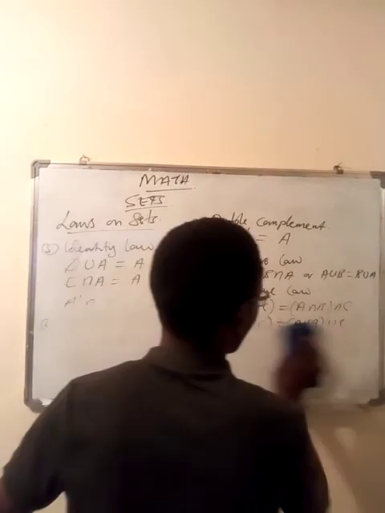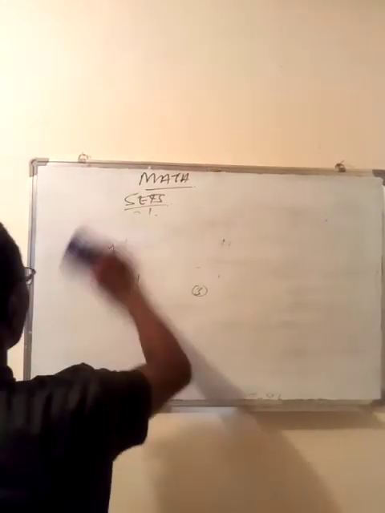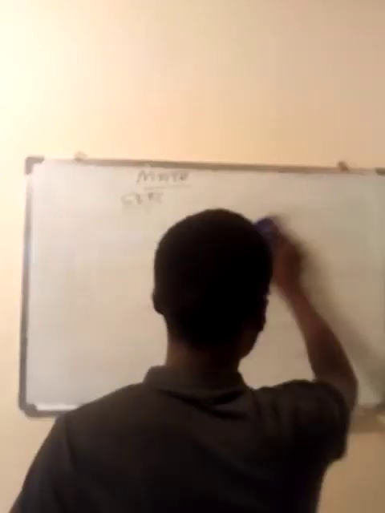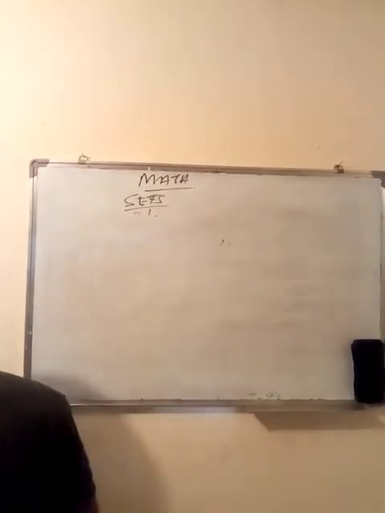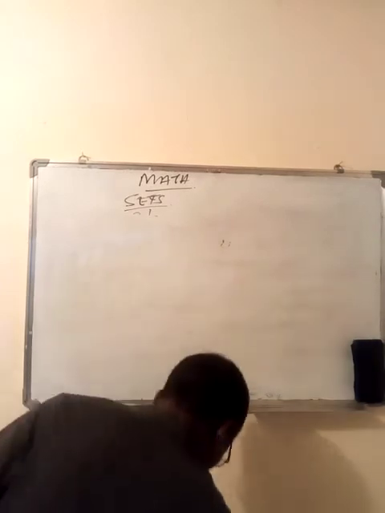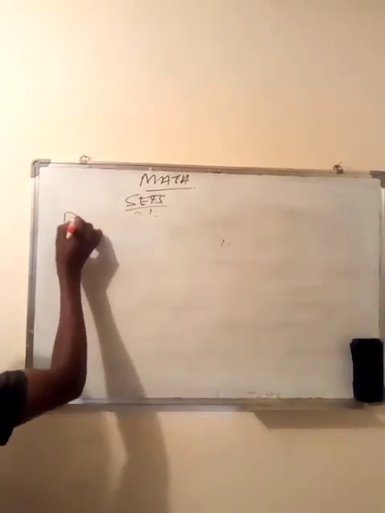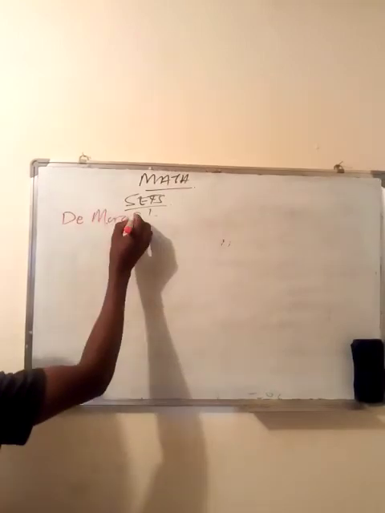Okay? So let's say, for example, we have the universal set like that. Okay? And then we have set A and set B. So A, and this is the universal set, right? And then let's say here there's 1 and 2.